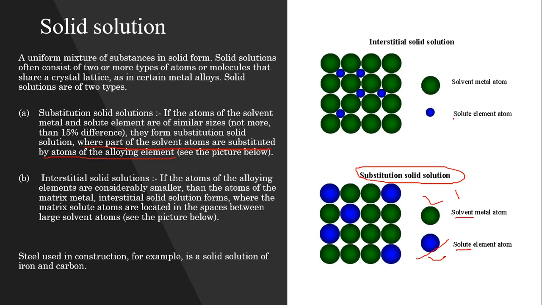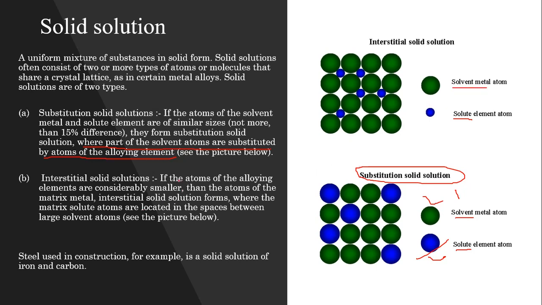Now you can see the solute has a size very much smaller than the solvent metal. So in this case replacement is not an option. But what happens is this solute element gets placed or trapped within the space available between two adjacent solvent metals.